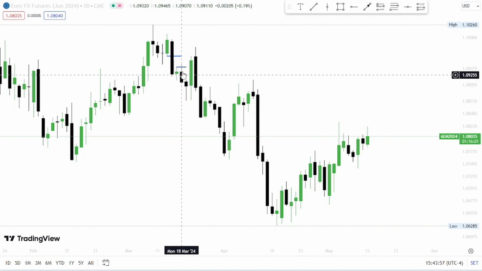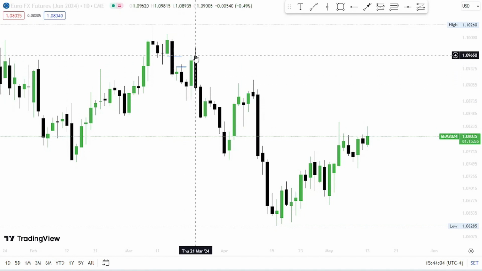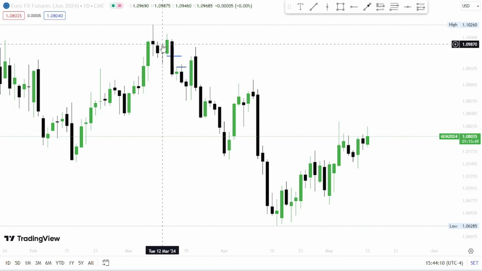Market went down, came back, retested that fair value gap, went down again, then came back up to fully close the fair value gap and test the order block.